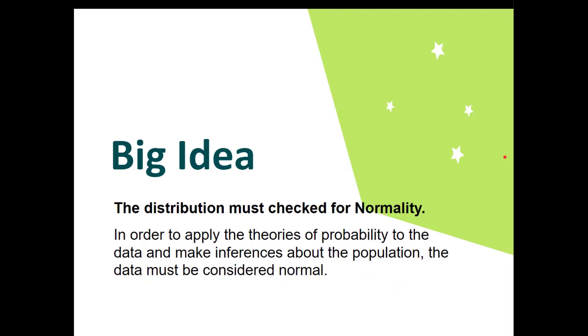The other big idea is that the distribution must be checked for normality. If we want to be able to use the theories of probability to answer questions about the population, the data must be normal. The only way to know if the data is normal is by checking for normality. This is called checking the assumption of normality.